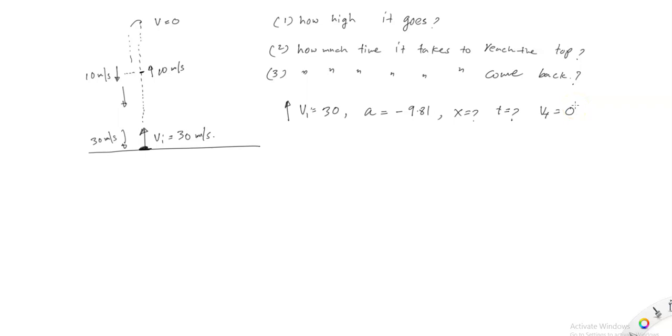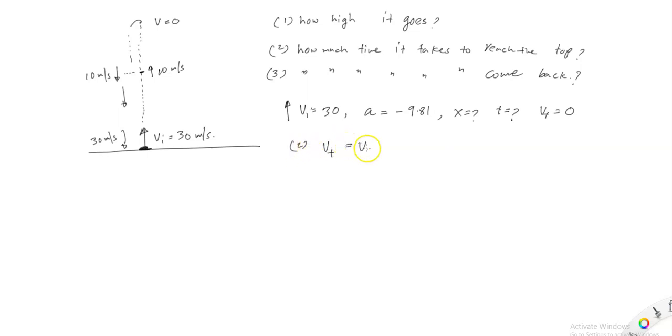If there is some velocity, it's gonna keep going, right? So when we consider the very top point, velocity is 0. Considering all these, v initial, v final, acceleration, I think the easiest thing to find is the time. So I'm gonna start with the second question.